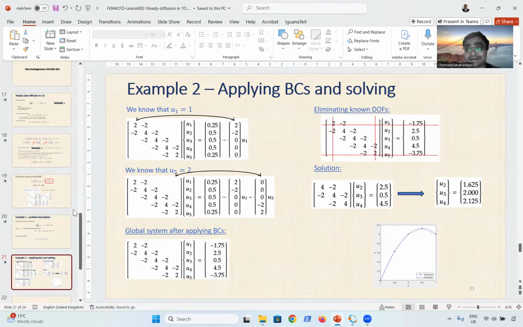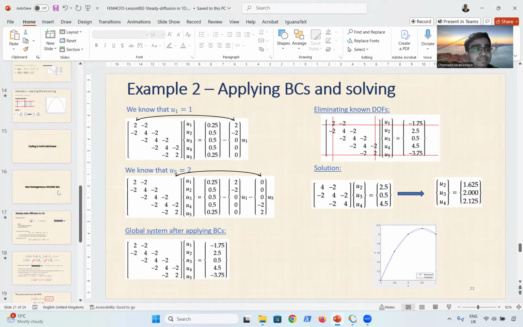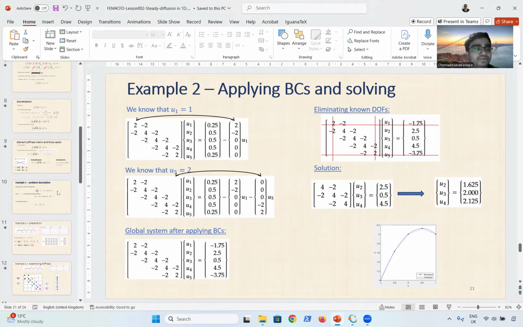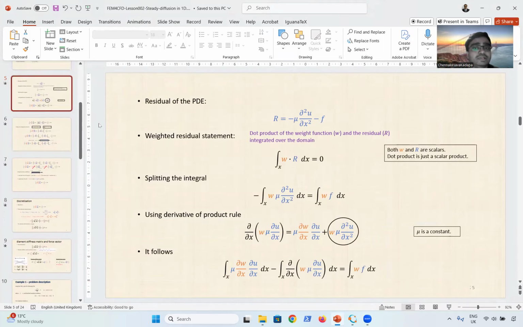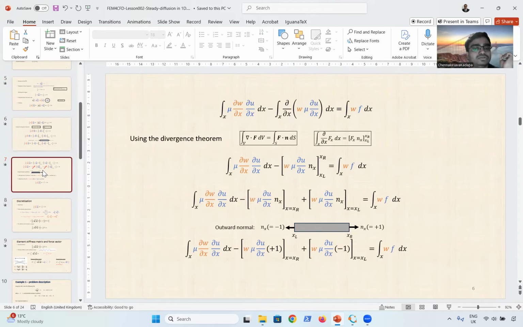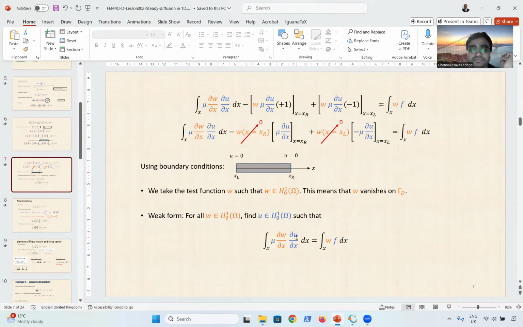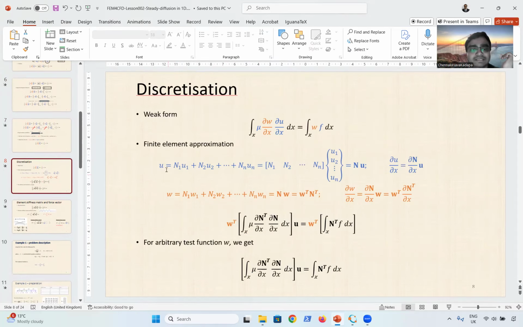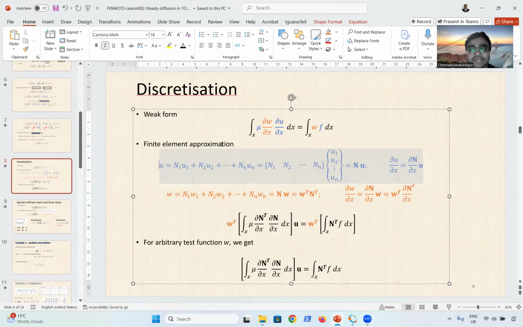So the important steps, again, just to reiterate, in implementing the finite element method is to go back and derive the weak form starting from the PDE using the residual of the PDE and the weighted residual statement. Once we have the weak form, we discretize it by approximating the solution and the test function.